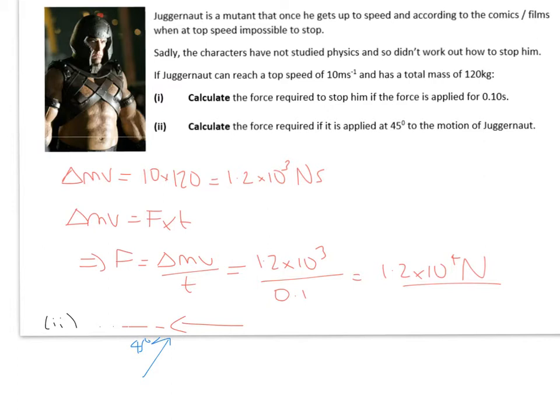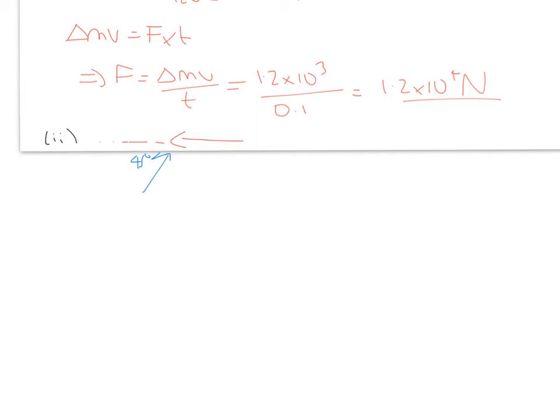So in terms of constructing our right angle triangle here, this is the force we're applying. So what we're going to do is split it up into components like this. And we know that this side of our right angle triangle has to be equal to 1.2 times 10 to the 4 because we want to stop Juggernaut from progressing further.